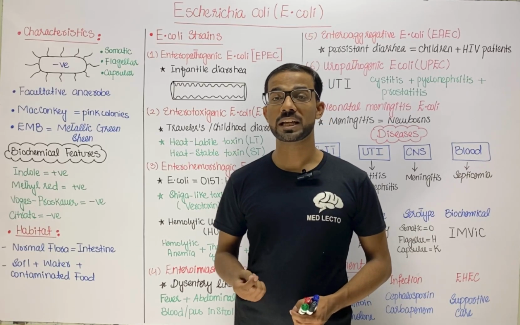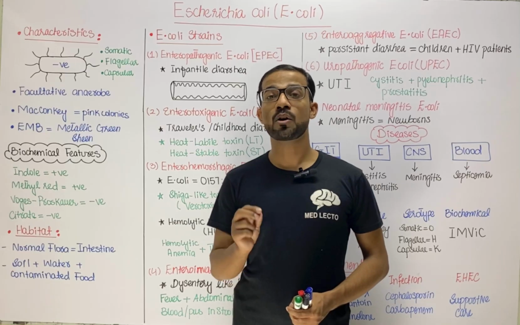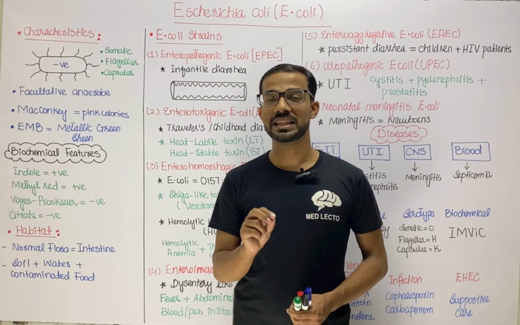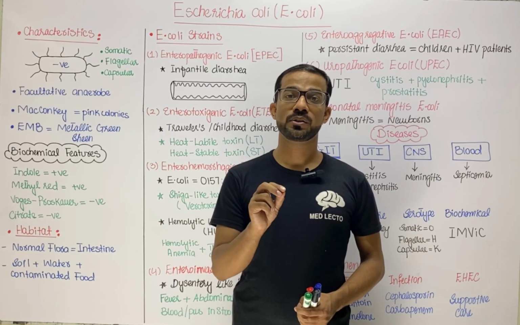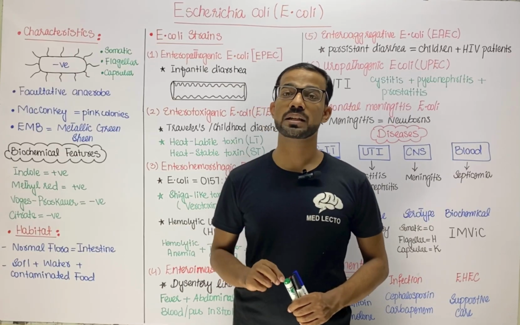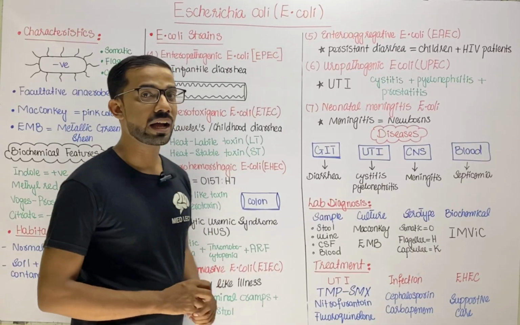That is important specifically in the case of females, due to the anatomical position, because the anus and the urethra are close in females, while the anus and the urethra in males are far apart. So that's why it mostly causes UTI in females due to their anatomy.